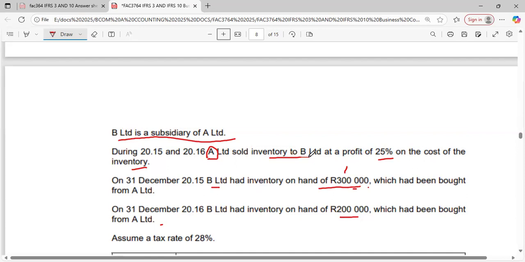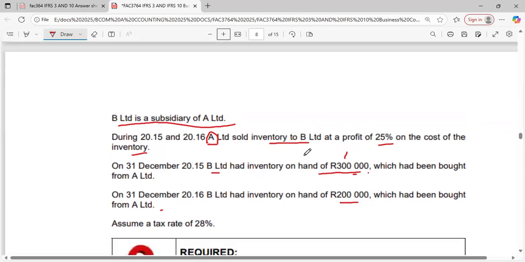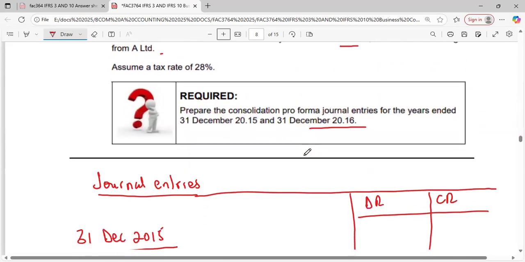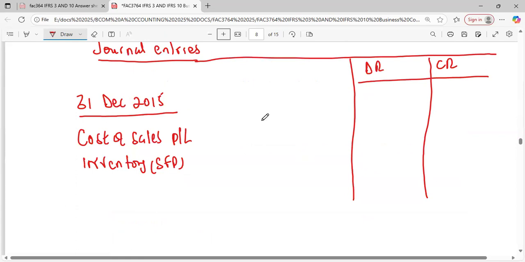Obviously B Limited. So here you should also indicate, you lose marks if you don't indicate that. So the cost of sale that we are going to debit is for A Limited, and the one holding the inventory is B Limited. So you are going to reduce the inventory of B Limited.